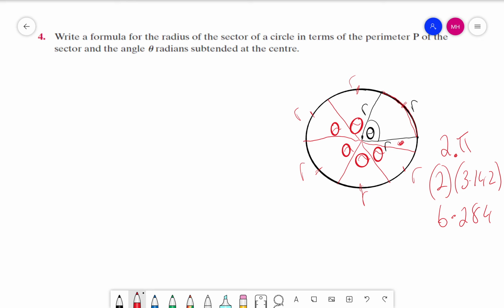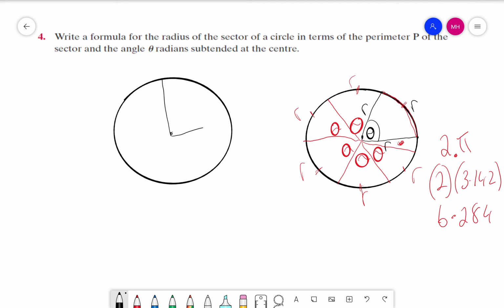So what does that mean for any arc? If you look at another circle and show any size arc, we don't know how big this is.